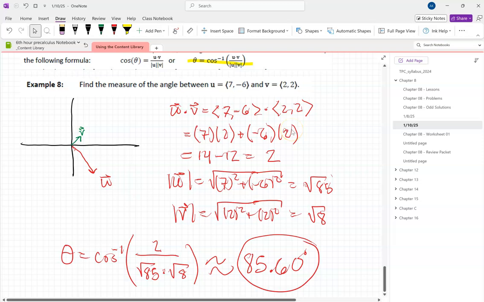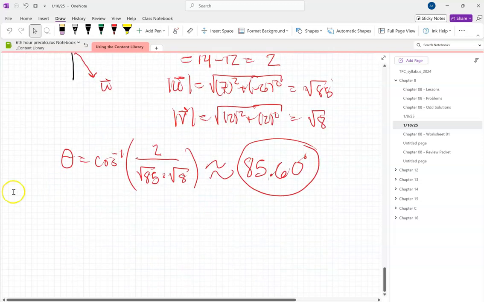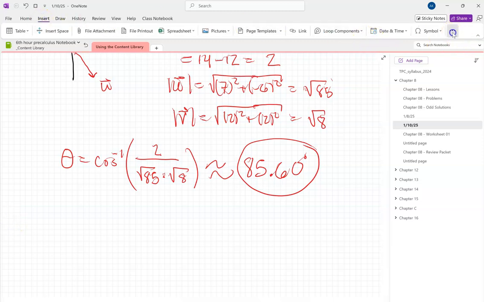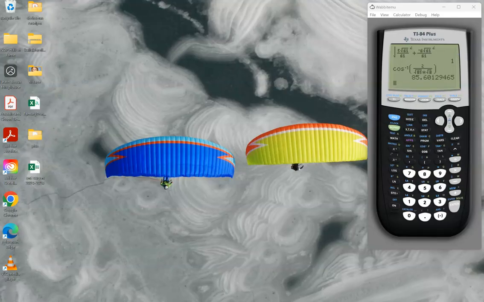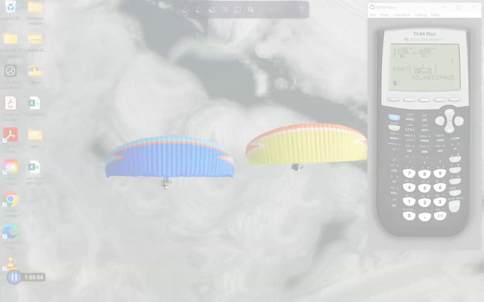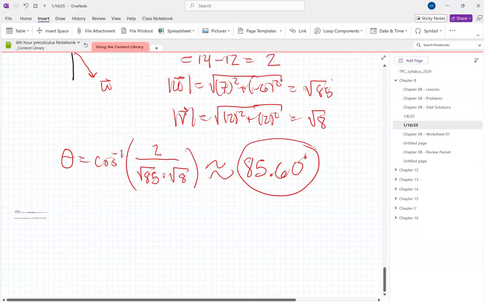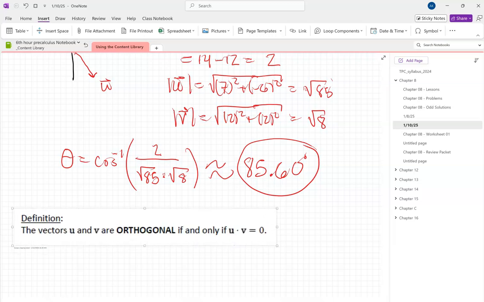All right. One final definition. There's one special kind of pair of vectors. We say that two vectors are orthogonal if the angle between them is 90 degrees.